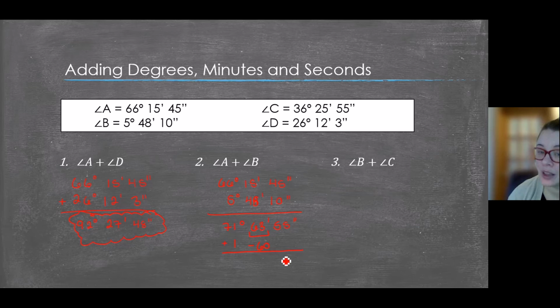Okay, so the real answer is going to be 55 seconds, 3 minutes and 72 degrees. Now I'd usually read it left to right. I just find for doing the math purpose, going this way works. So 72 degrees, 3 minutes and 55 seconds. So this here is a lot like doing our feet and inches component.